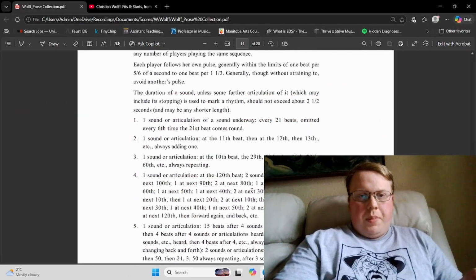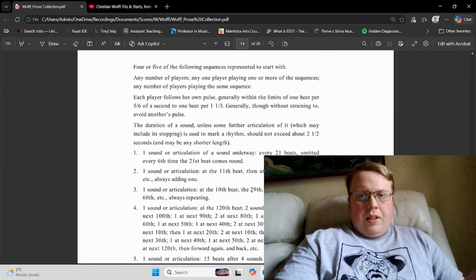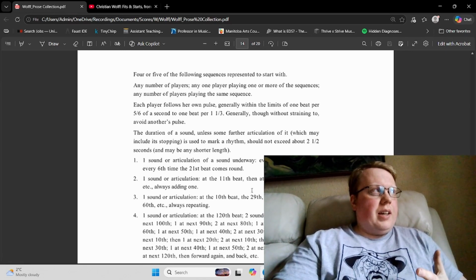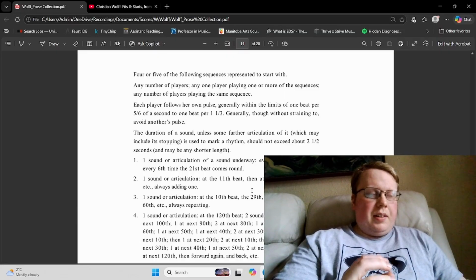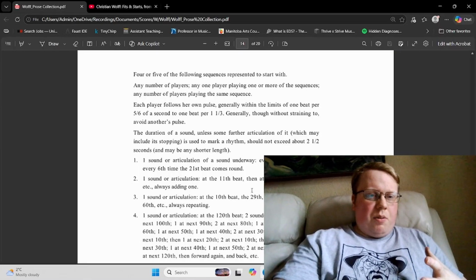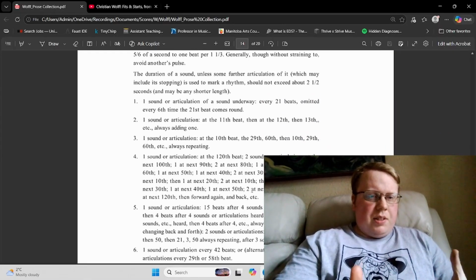Basically, it's for open instrumentation. You can play anything you want in this piece, but what's important is you are articulating something and then resting and then playing the same thing again. And you're counting beats. All players are counting beats in different ways depending on these sequences.